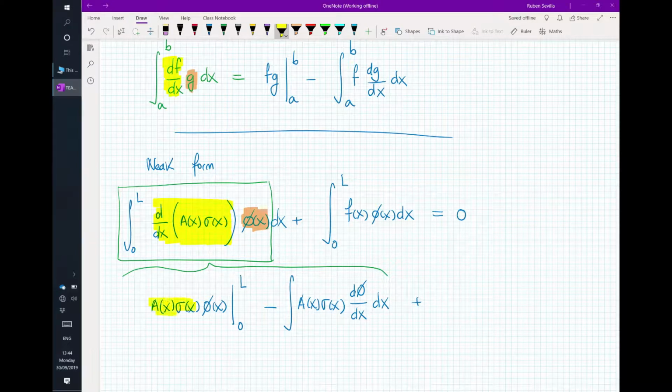So I have this part here, and I got the other part here. Okay, and the last term is really not changing at all. It's the external force multiplied by that.